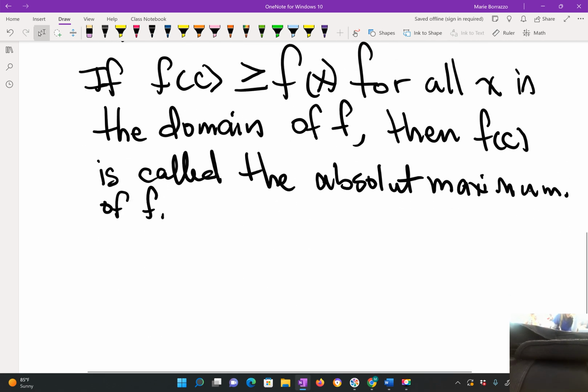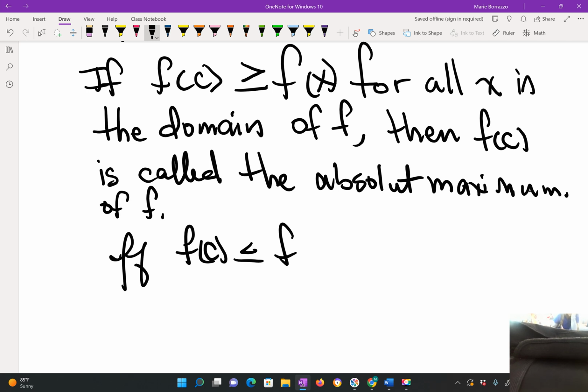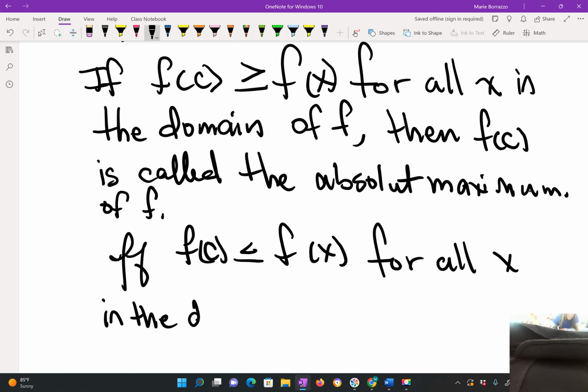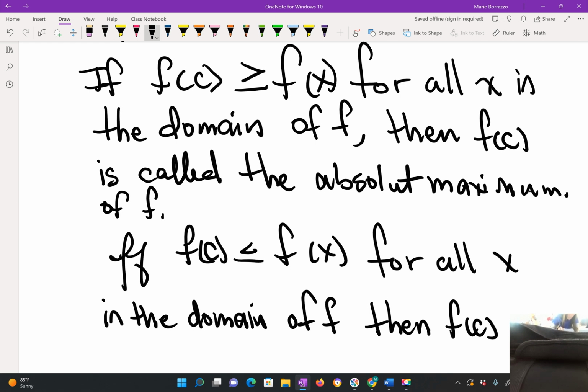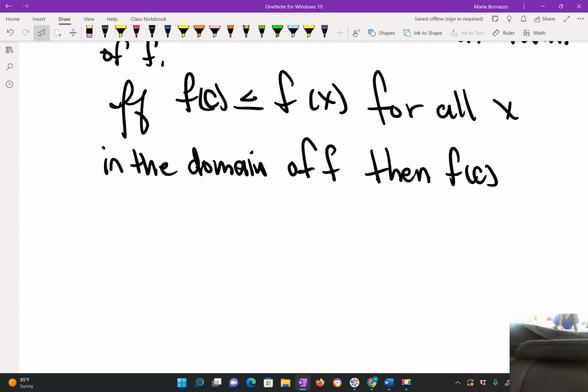And I showed you a couple of examples. If f of c is less than or equal to f of x for all x in the domain of f, then f of c is called the absolute minima.